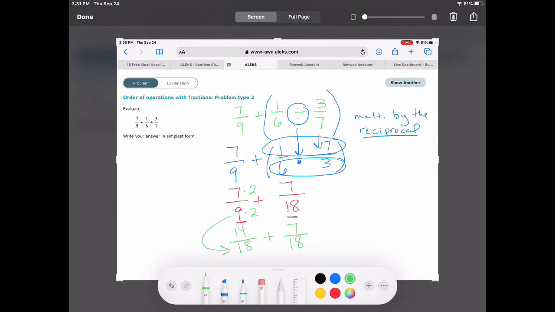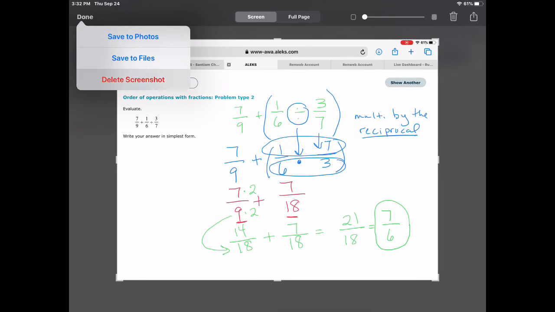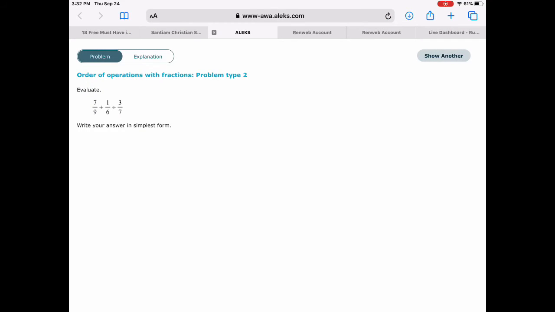So I have 14/18 plus 7/18 is 21/18. I think I see a common factor here. 3 goes into 21 7 times. 3 goes into 18 6 times, and this should be a final answer. Again, check yourself on the calculator. Don't feel guilty about that.